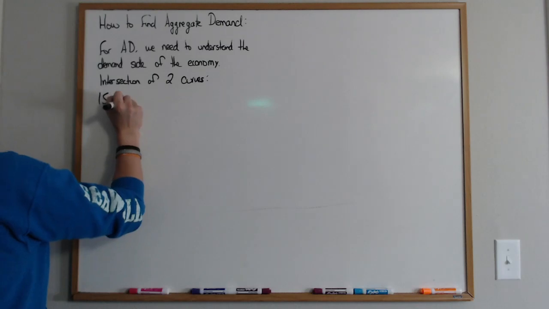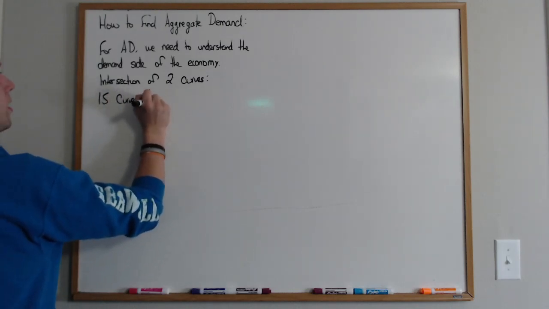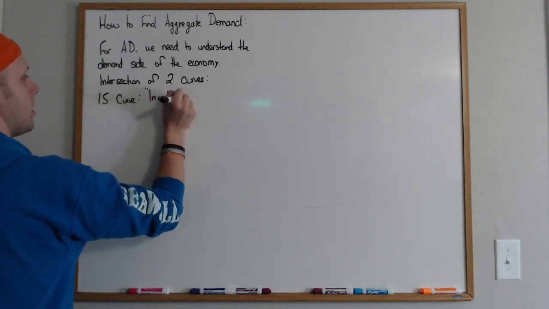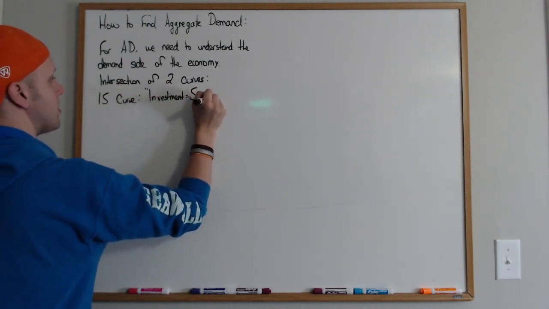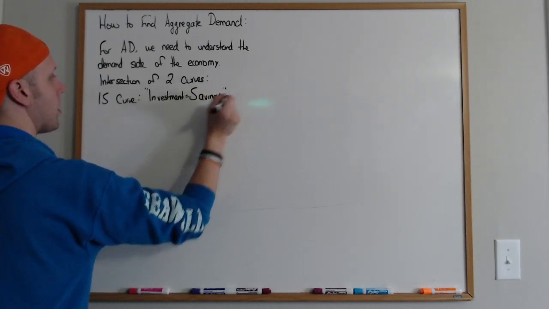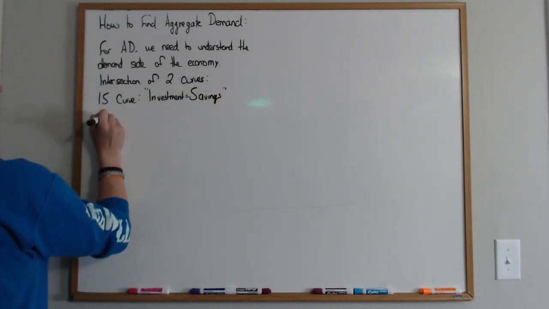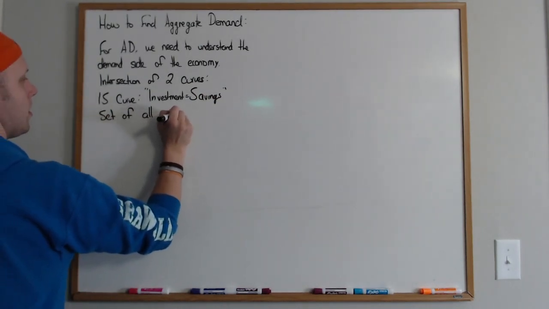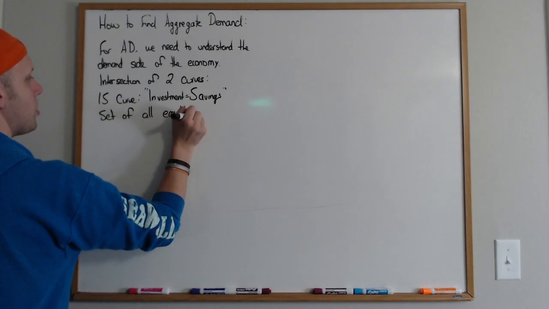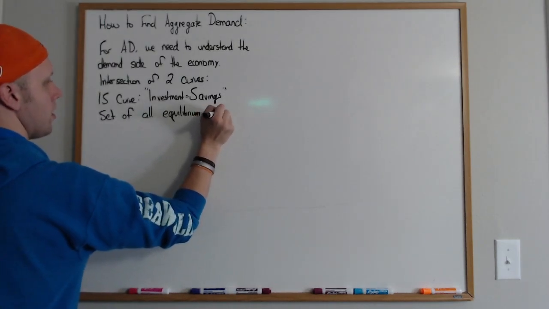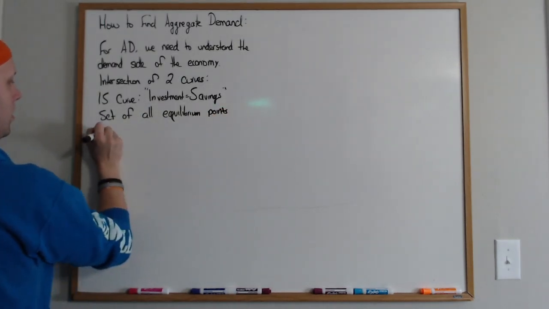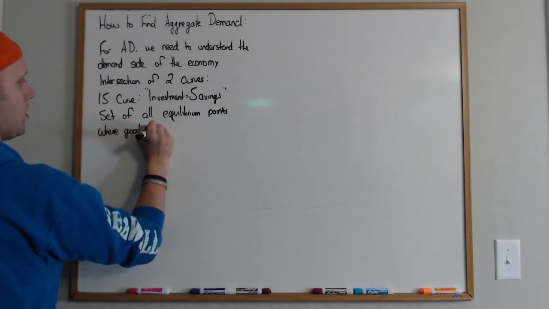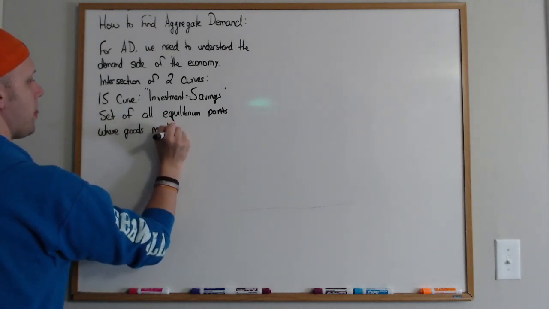The IS curve, called IS for investment equals savings curve, and it's the set of all equilibrium points where goods markets clear.